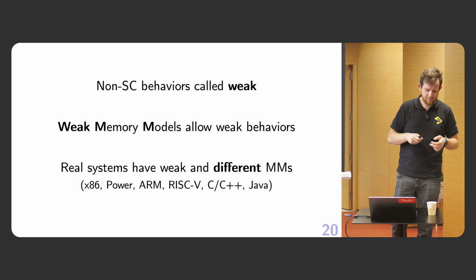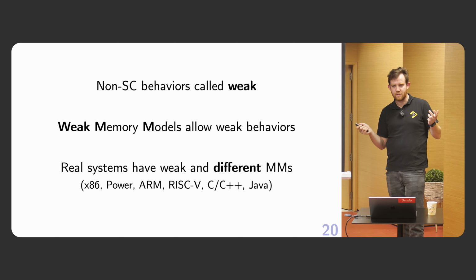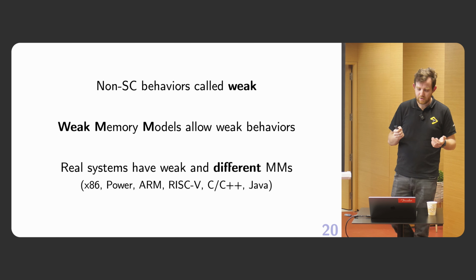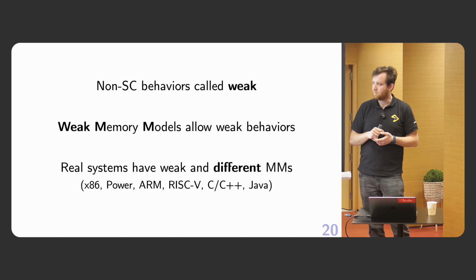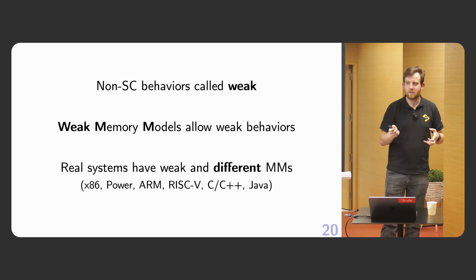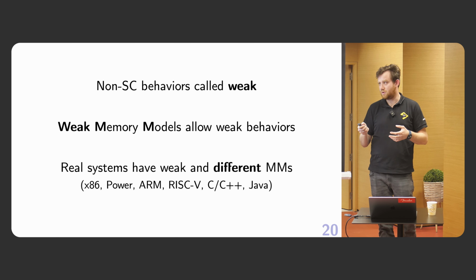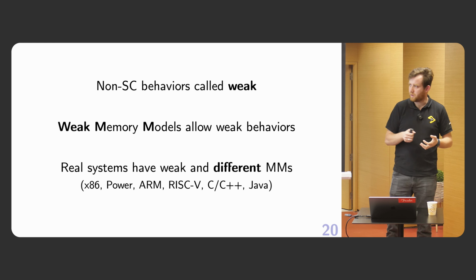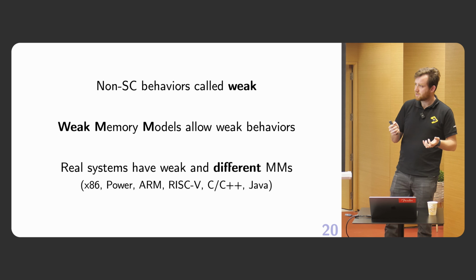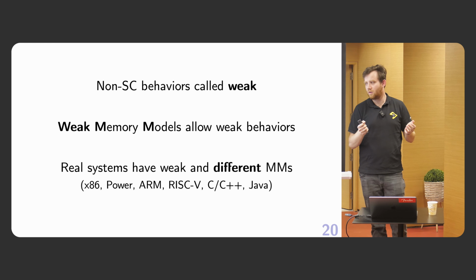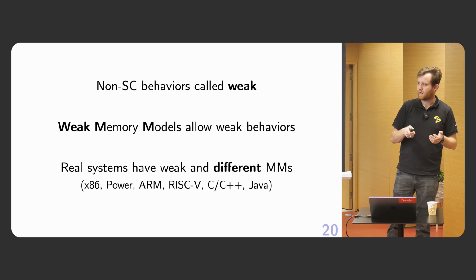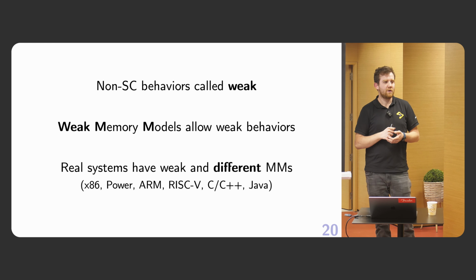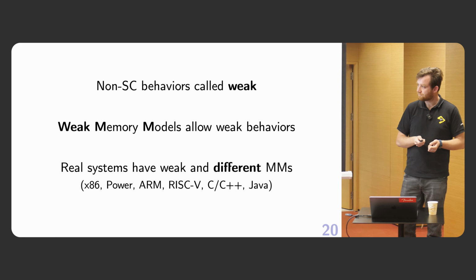These strange behaviors, which are non-sequentially consistent, are called weak behaviors. And memory models or semantics of programming languages or CPUs which allow weak behaviors are called weak memory models. All real systems nowadays have weak memory models, so they don't force sequential consistency.